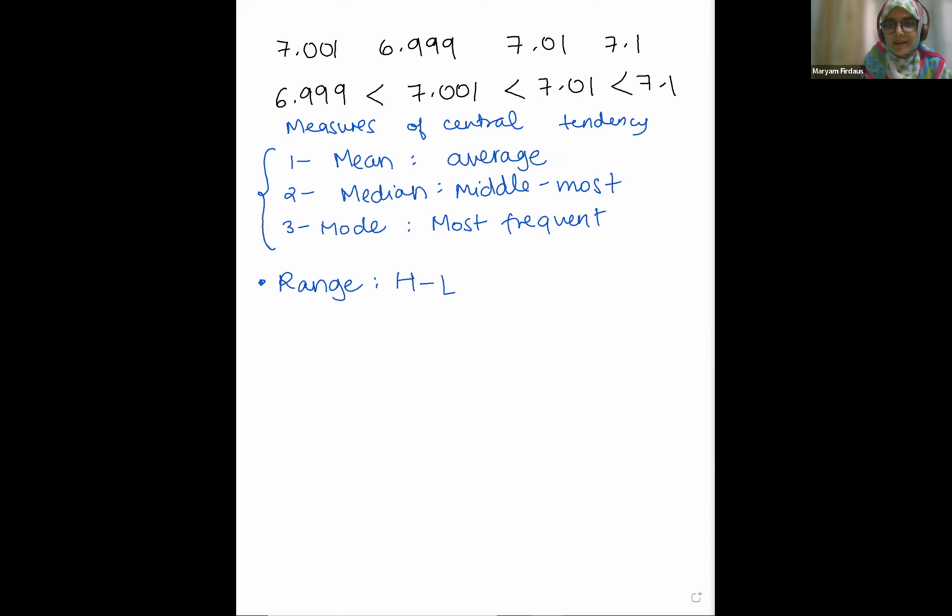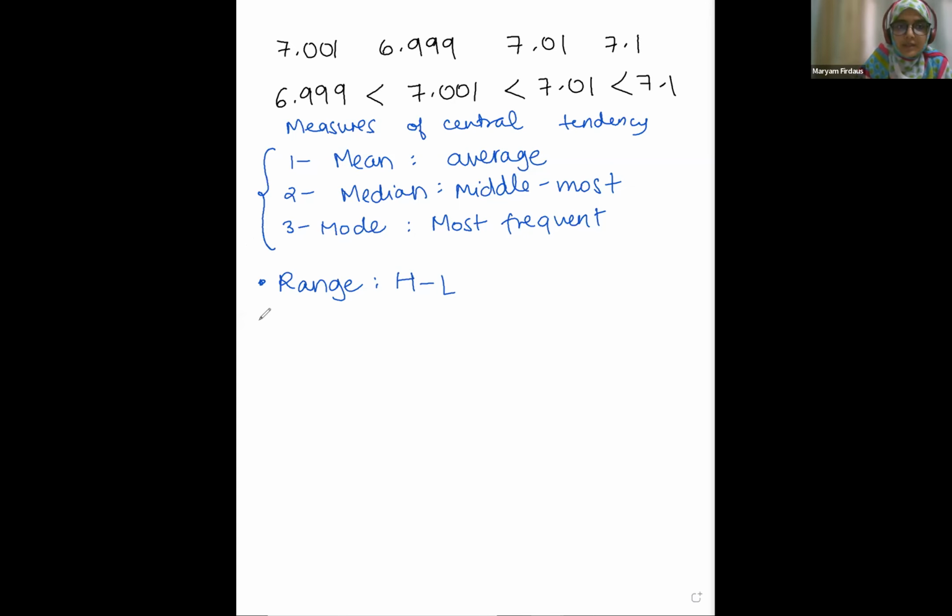Let's go to the second exercise then. Do you find anything difficult in the second exercise? No, I don't find anything difficult. Okay. So let's just do some questions. Let's do the second exercise, the fifth question.